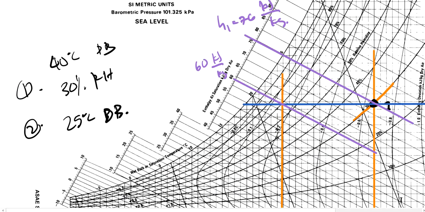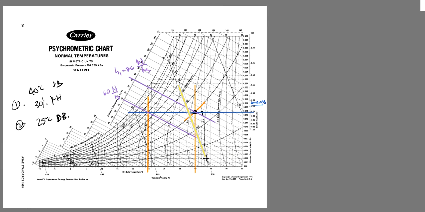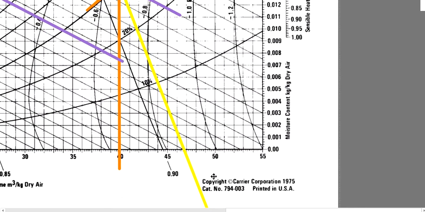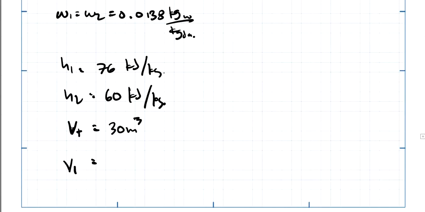For the specific volume at point 1, let's just say 0.91 cubic meter per kilogram of dry air.